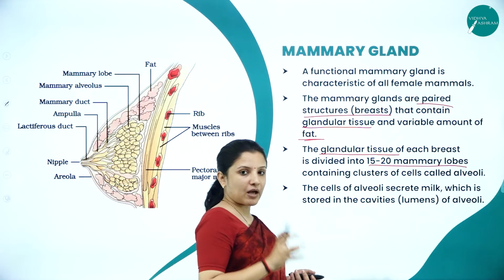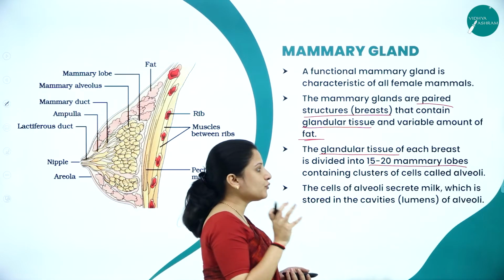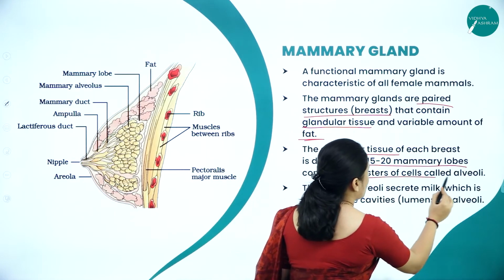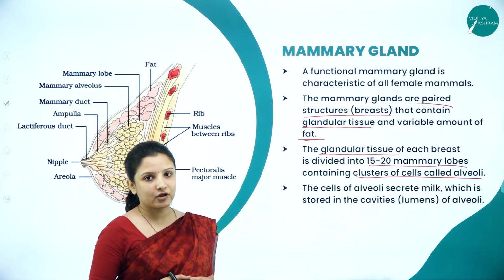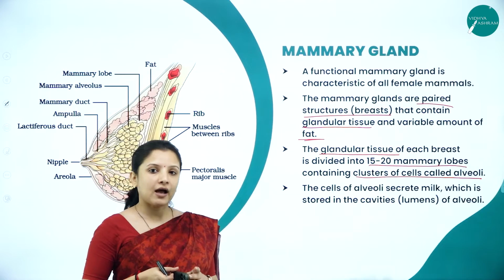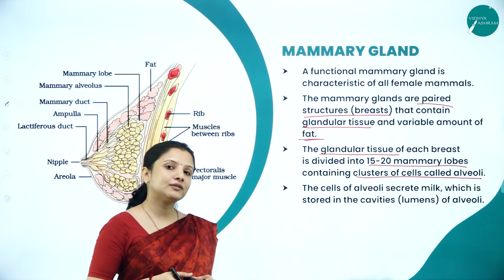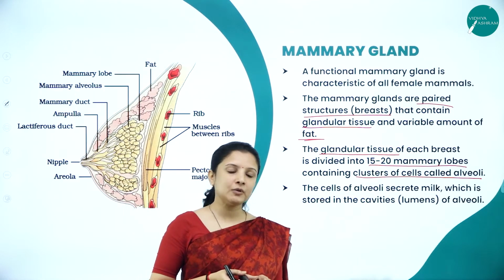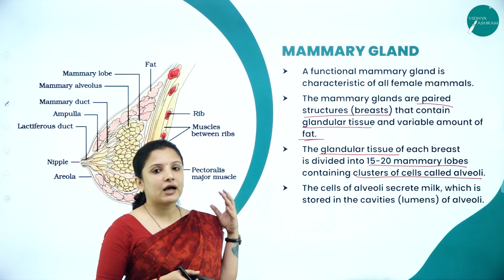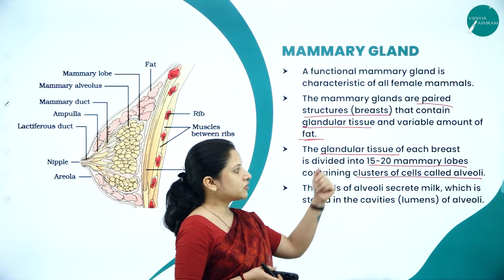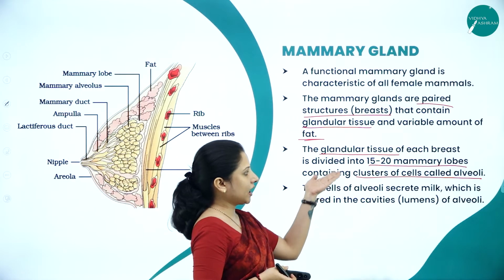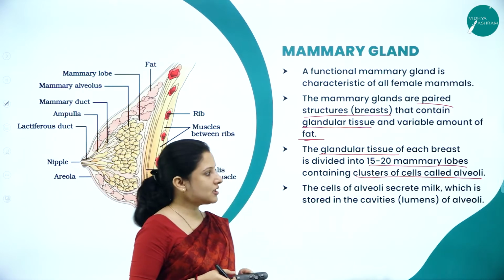And inside the mammary lobes are groups of cells called alveoli. Just like how lungs have alveoli, these also have alveoli, and like how the testes have lobes inside them, these mammary glands also have lobe-like structures which contain groups of cells called the alveoli.